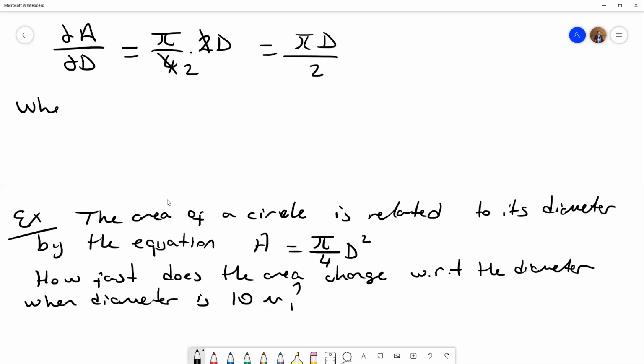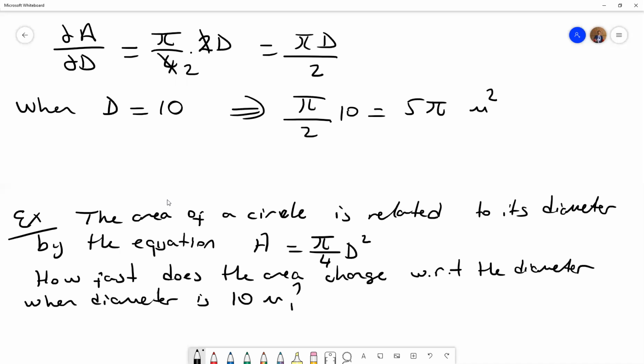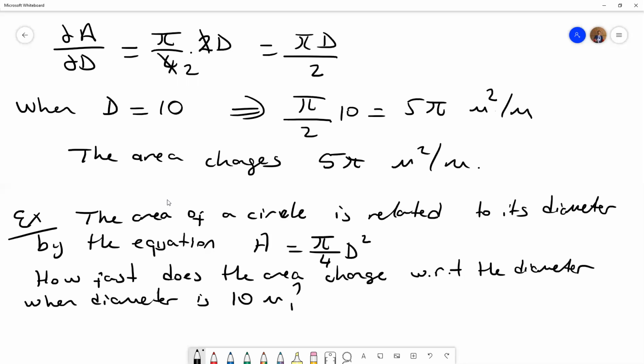When d is equal to 10, it is pi over 2 multiplied by 10, which is 5 pi. So the area changes at 5 pi meter square over meter. This is the answer of this question.